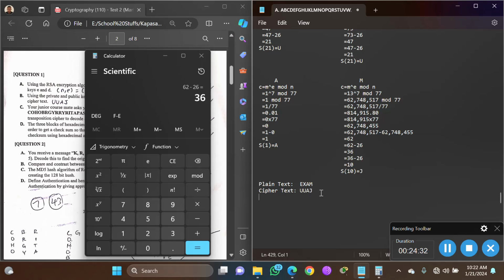It means that if we send this message exam to someone, they will receive the cipher text UUAJ. And if they have their private key, they can decrypt this UUAJ to the word exam. So that's the answer for B.